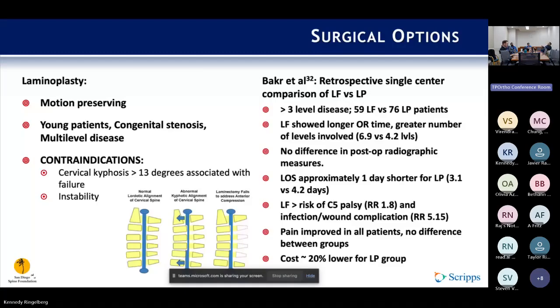They found no significant difference in post-op radiographic measures, but importantly, length of stay and risk of infection and wound complication was lower with the laminoplasty group specifically. Again, I just think all this is to say laminoplasty is becoming more popular in the US and it's an effective treatment strategy. But again, with this retrospective study, the appropriate patient needs to be selected for this disease.